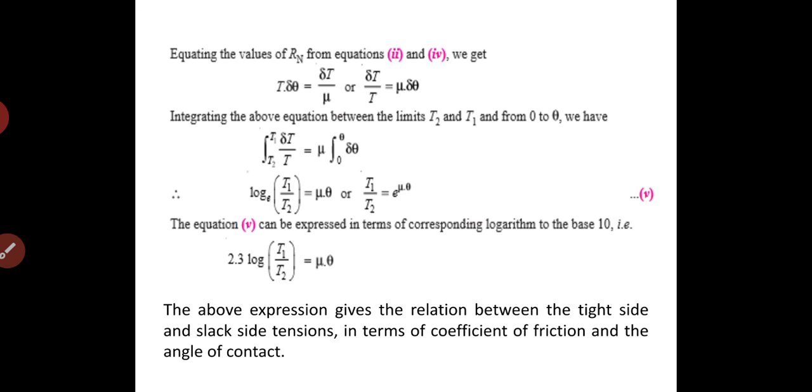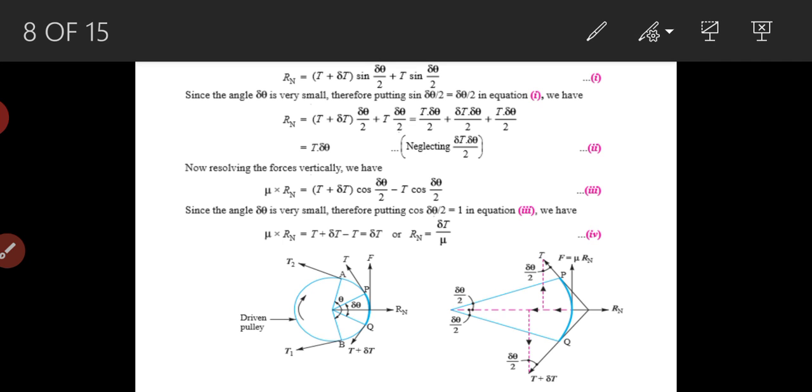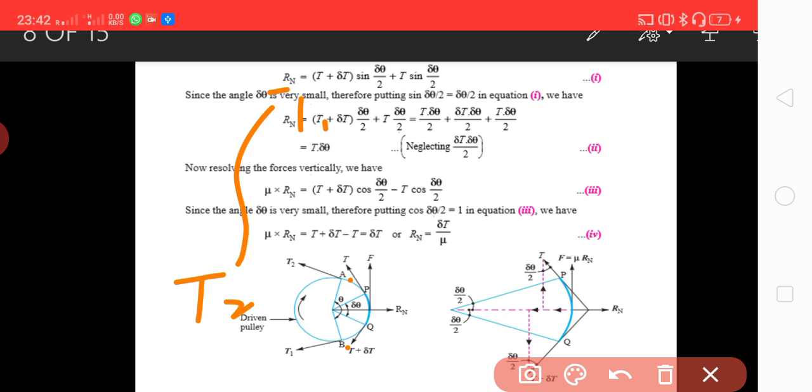Now integrating both sides, taking limits from T2 to T1 for the belt tension and angle from 0 to theta. You can see this limit is T2 at A, that is T2 at A, and T1 at B. So integration for belt tension will be from T2 to T1.